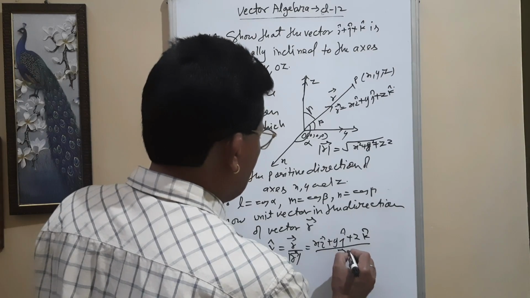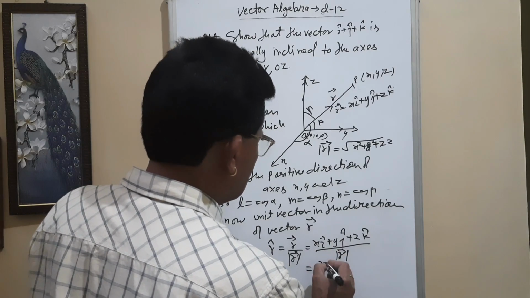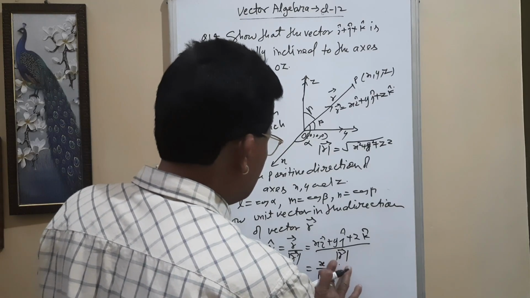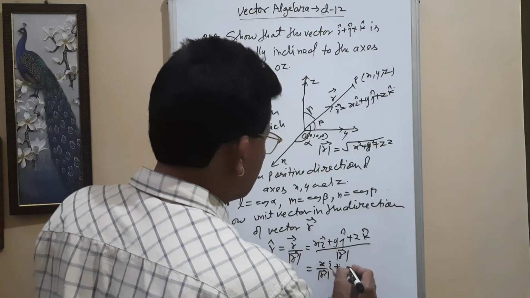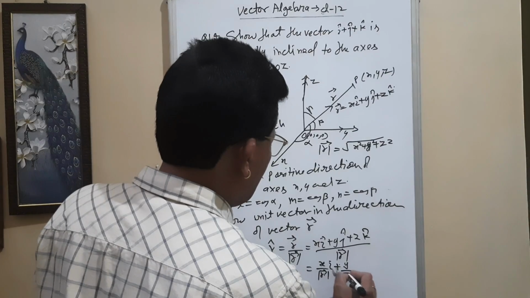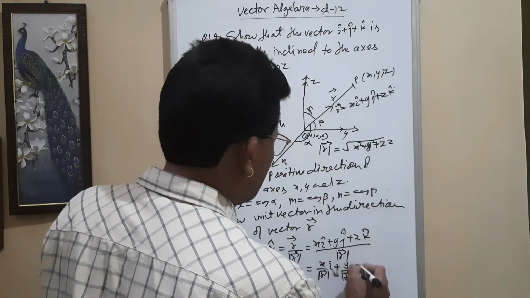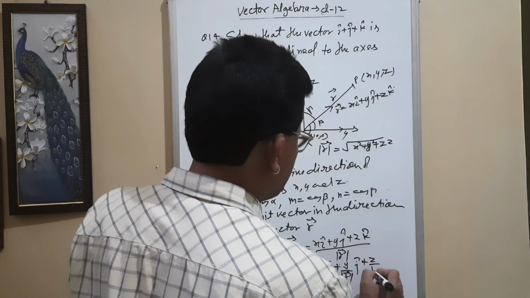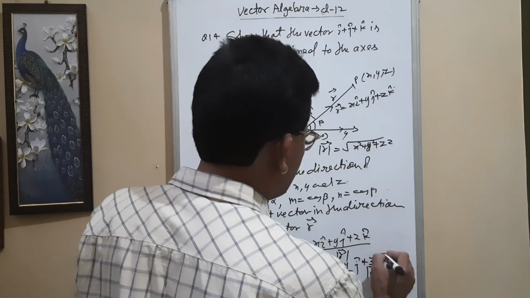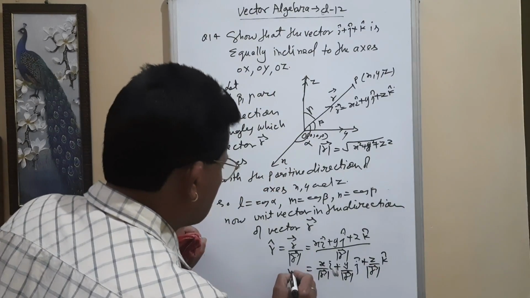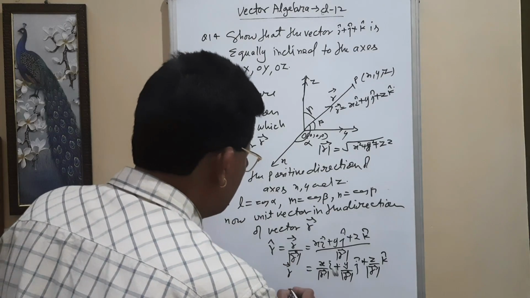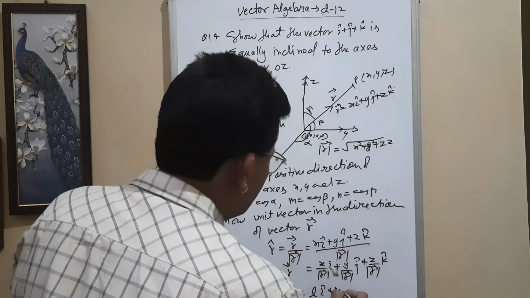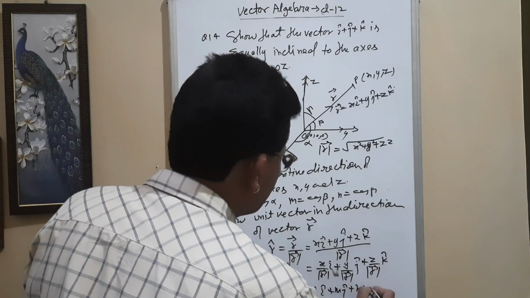Let me write the magnitude of vector R as it is. So it will be x upon magnitude of R times i, plus y upon magnitude of R times j, plus z upon magnitude of R times k. My dear students, this is the unit vector, and it will be equal to Li plus Mj plus Nk.